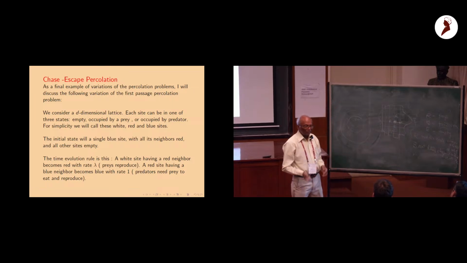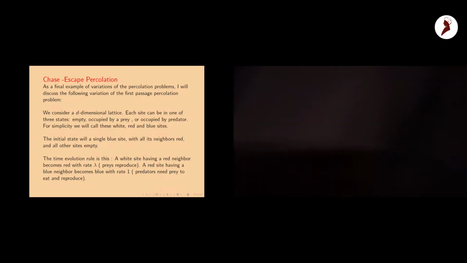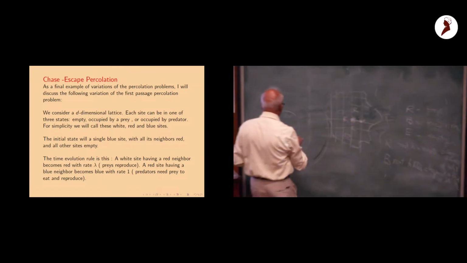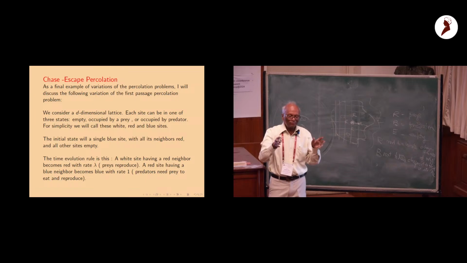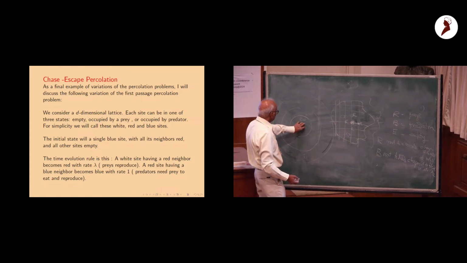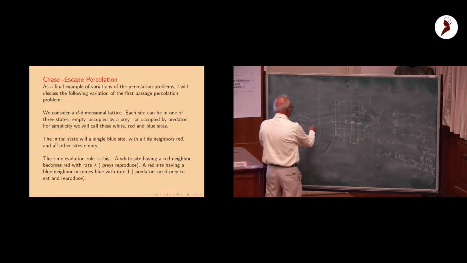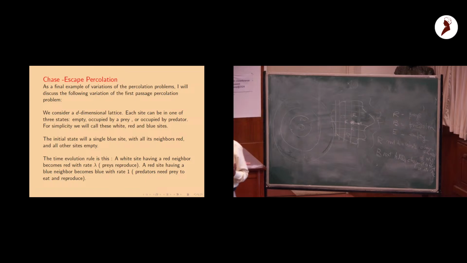Now suppose lambda 2 is not 0, but it is small. Then what happens is that these reds grow, and then inside the blue start growing, but they grow at a small rate because lambda 2 is less than lambda 1. Then they will grow slowly. By the time this guy reaches here, the red has reached even further. And so the growth is actually quite simple.